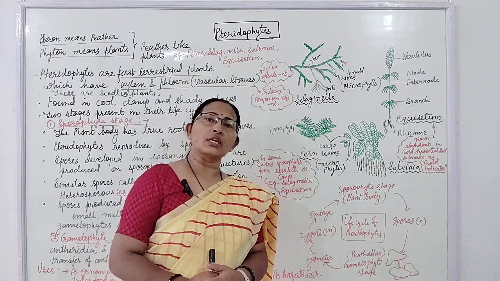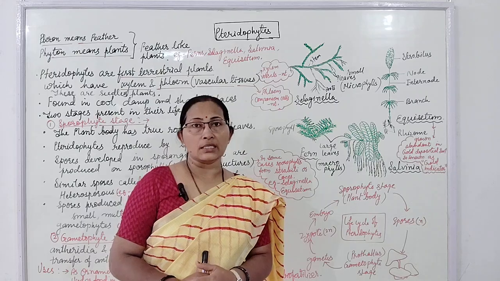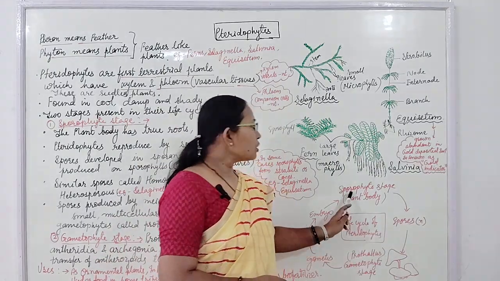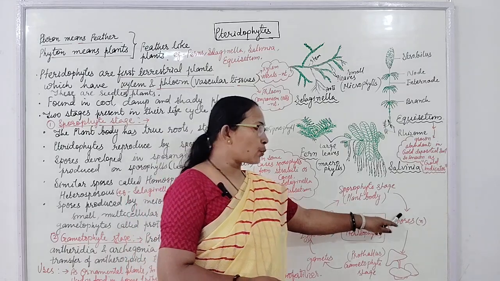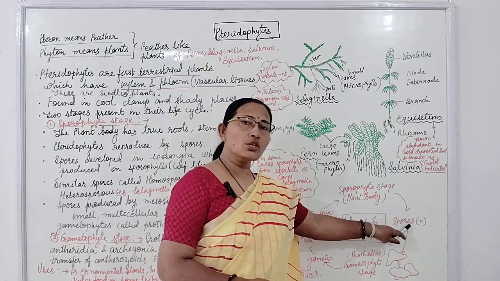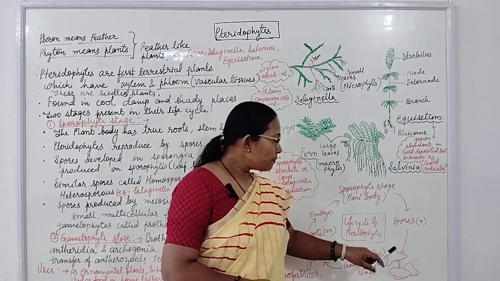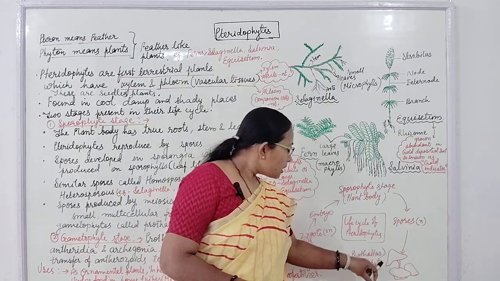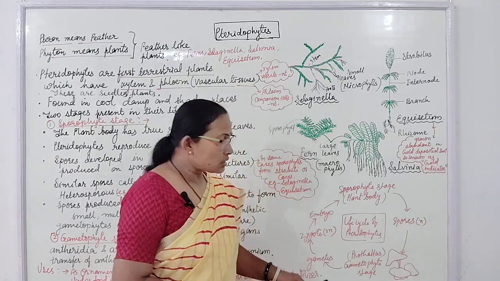Spores are produced by meiosis division, and these spores develop into the gametophyte stage. The gametophyte stage is called the prothallus, which is short-lived. Spores form from the sporophyte stage by the process of meiosis, so they are haploid, and these spores grow into the gametophyte stage.